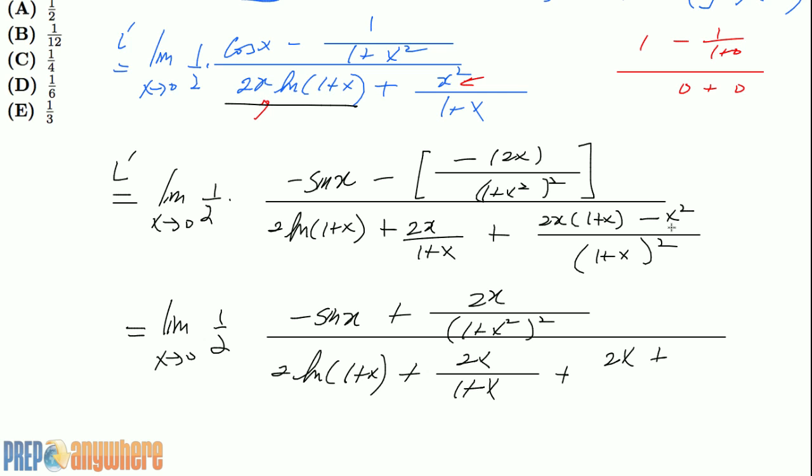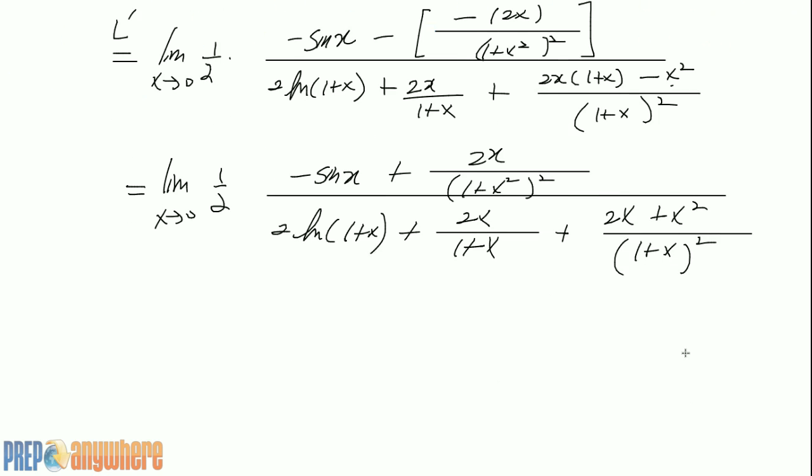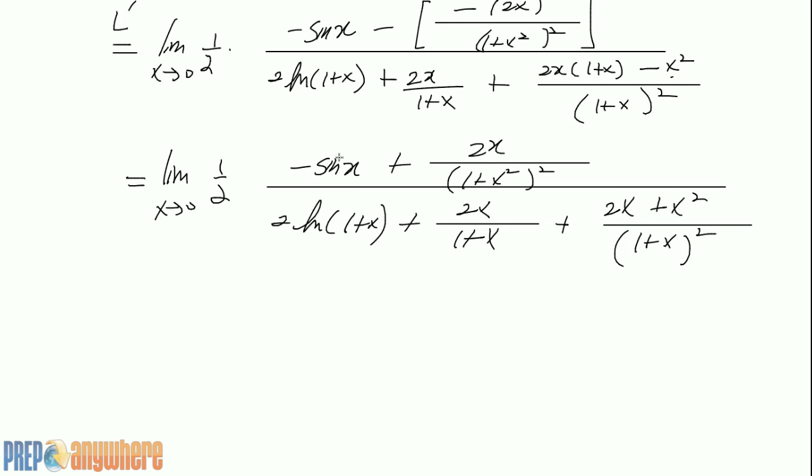That's going to subtract with this to give you just an x squared. So we have a sine of x here. We know that as x approaches 0, sine x over x is equal to 1. So now we're in a good position to divide the top and bottom by x.